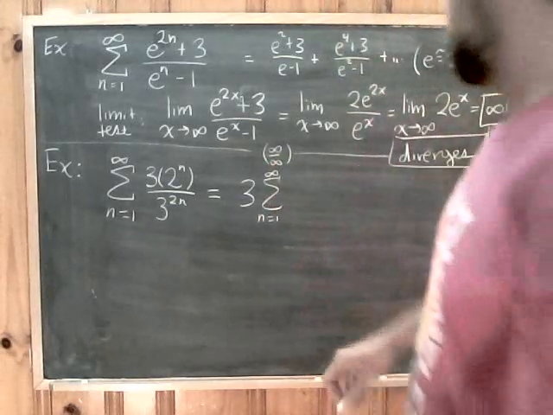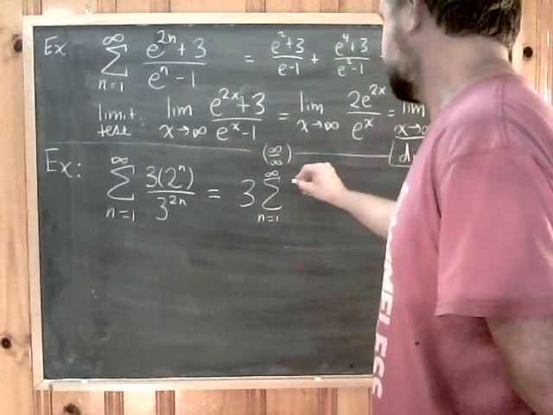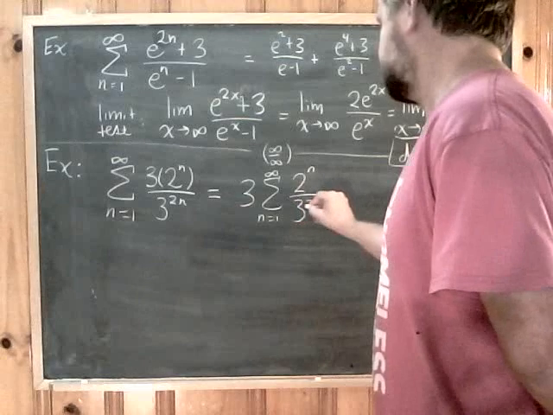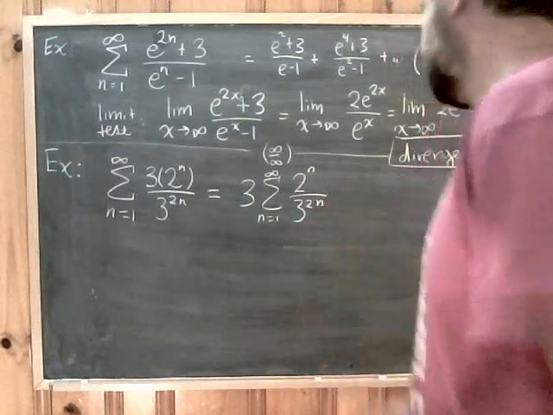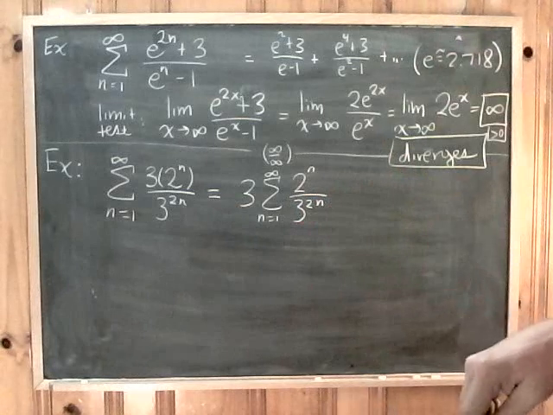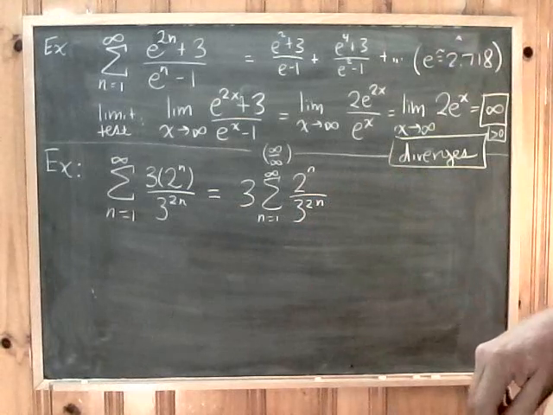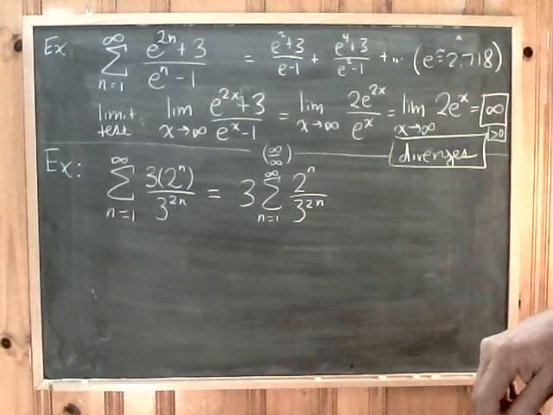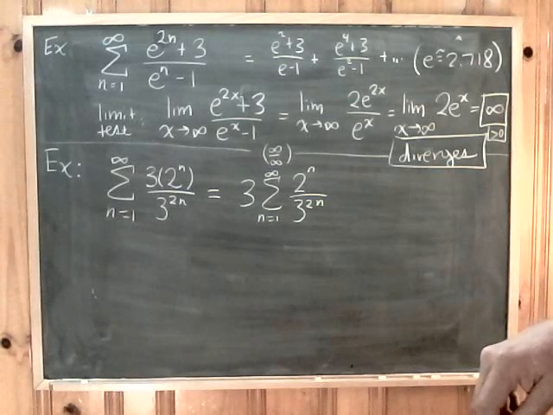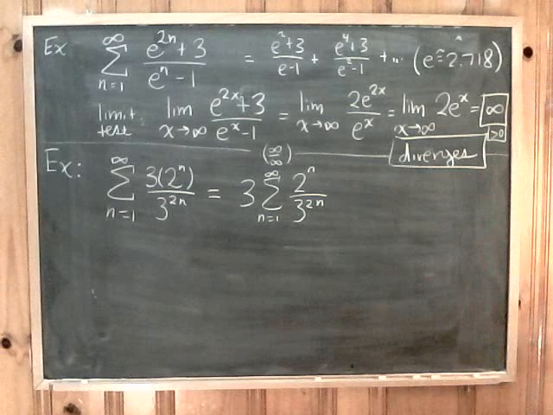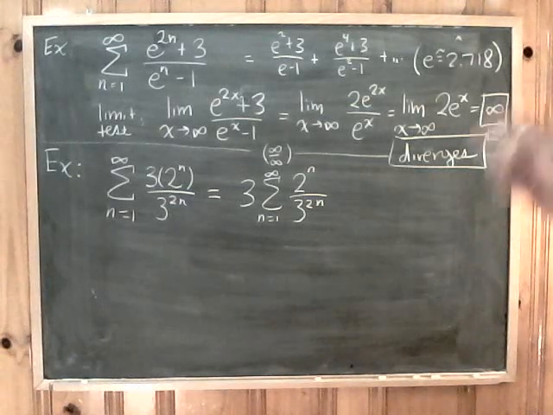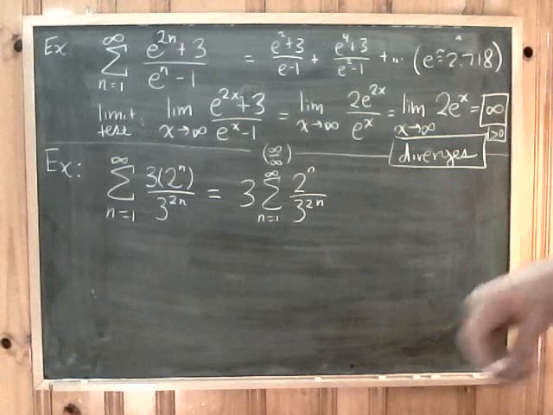And then what's left is a 2 to the n over 3 to the power 2n. Sorry, that's 3 to the power 2n. So in order to get this to look like a geometric series, I need one more algebra step. I need to have just 1 power of n on this one.